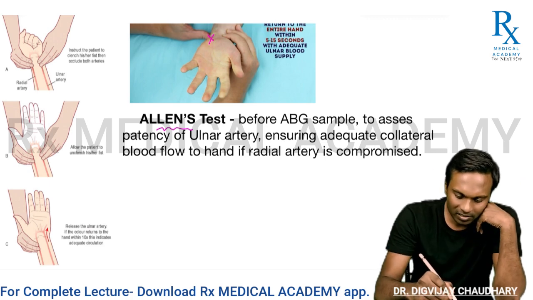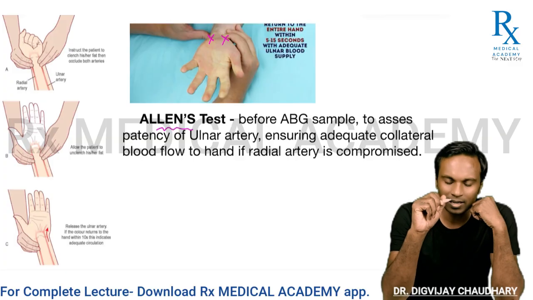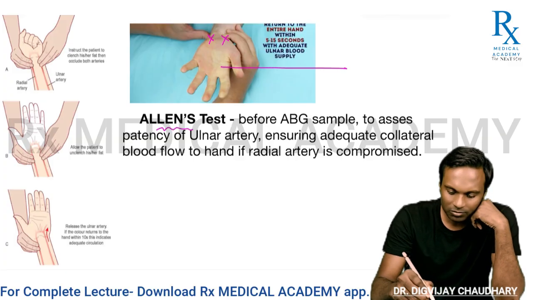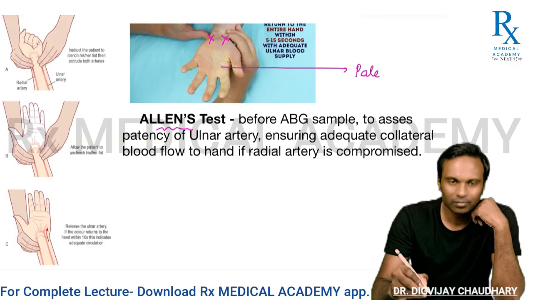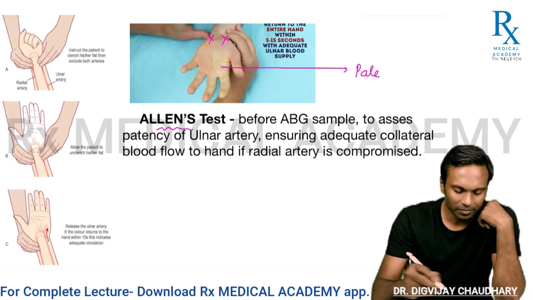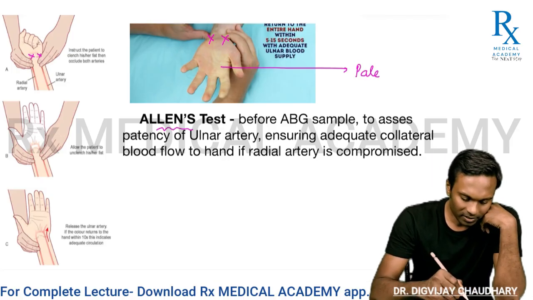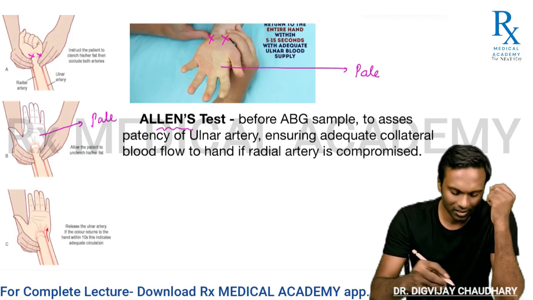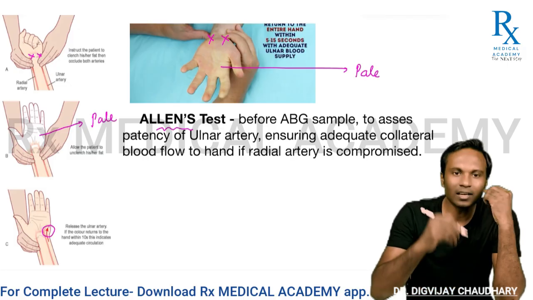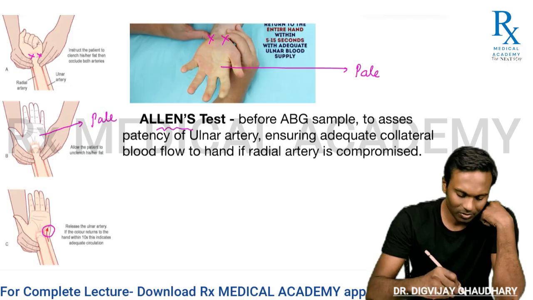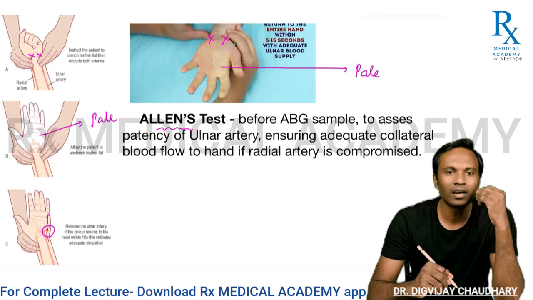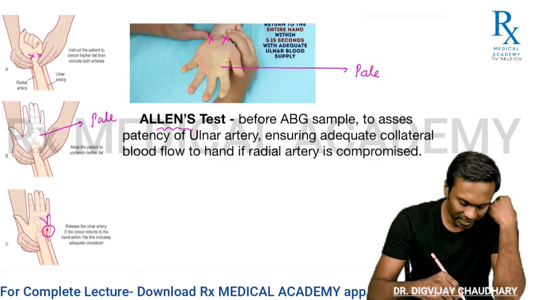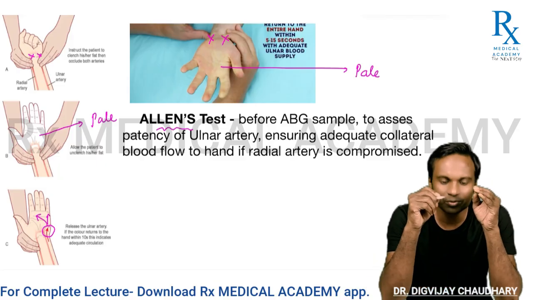You will simultaneously block both radial and ulnar arteries. The palm will turn pale due to less blood supply. You obliterate both the arteries, the palm has become pale. And then you release the ulnar artery. Releasing the ulnar artery, if it is patent, will result in perfusion of the ulnar part as well as radial aspects if collaterals are working.